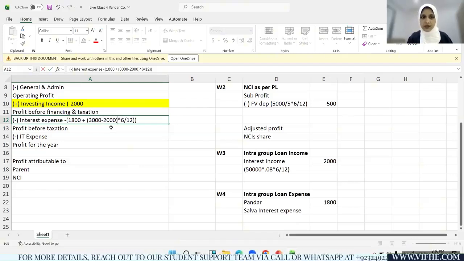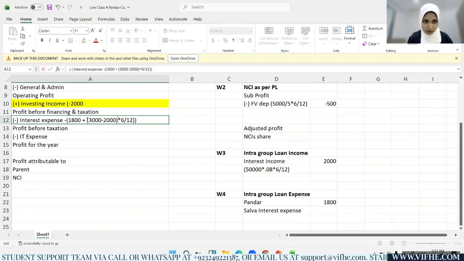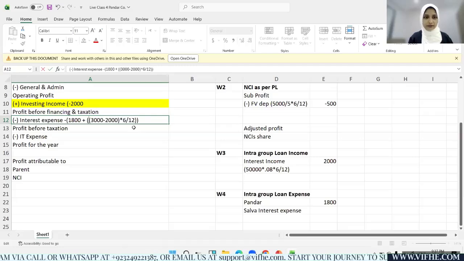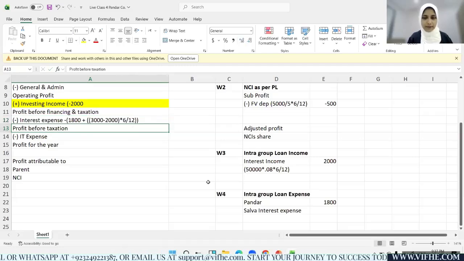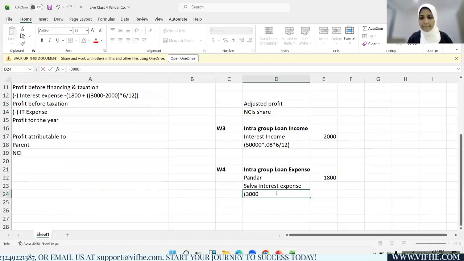So I just want to make sure my brackets are correct. This I closed here and then I have one more bracket over here. So for Salva's interest expense, I'll take 3 million minus 2 million, then I'll do it into 6 by 12.